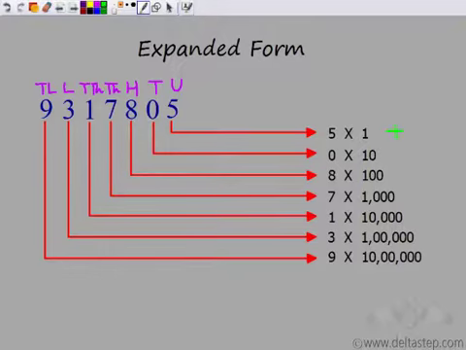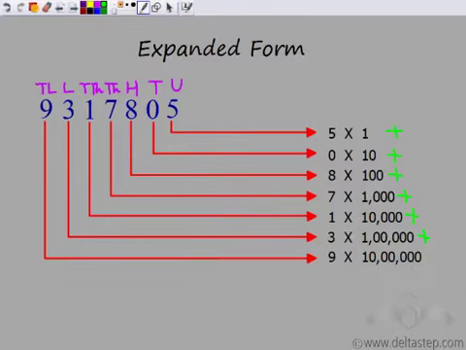So 5 into 1 plus 0 into 10 plus 8 into 100 plus 7 into 1000 plus 1 into 10,000 plus 3 into 1 lakh plus 9 into 10 lakhs. So adding all these numbers, you would get this number again. So this is the expanded form of this number.